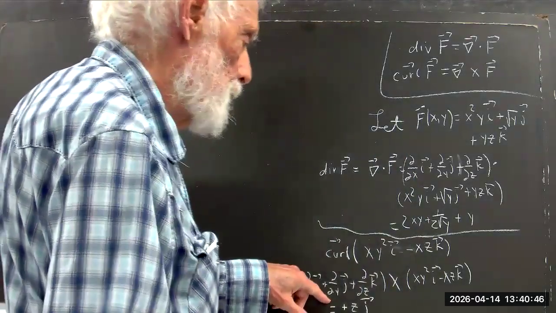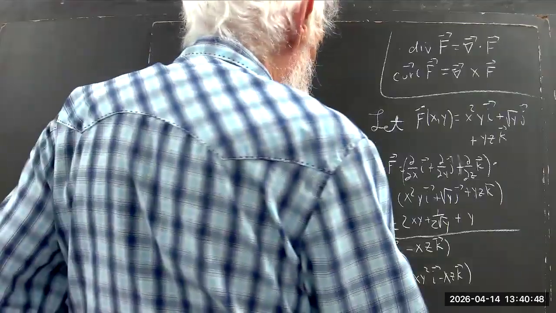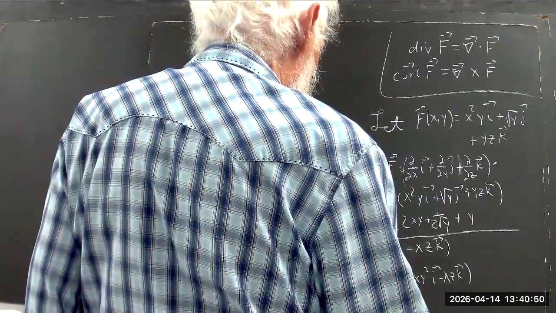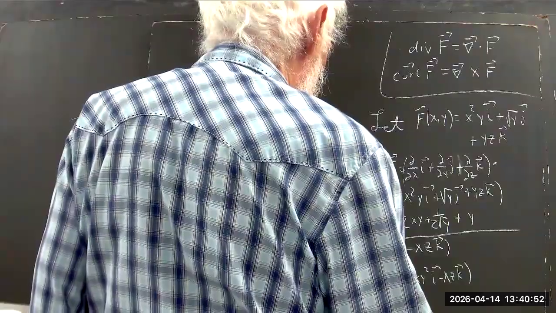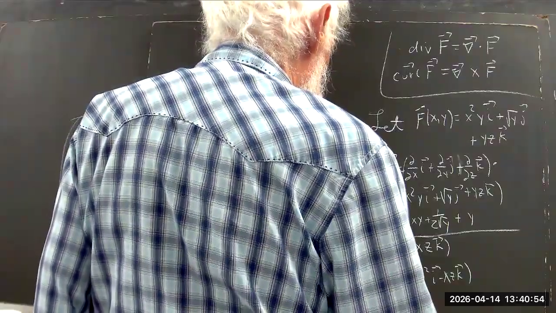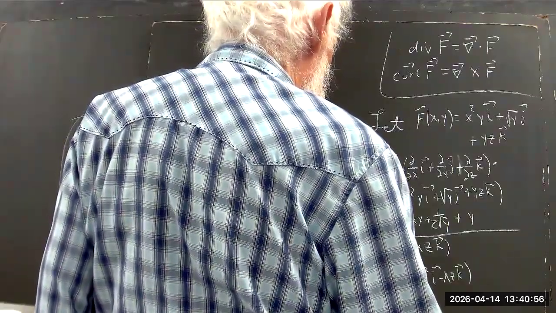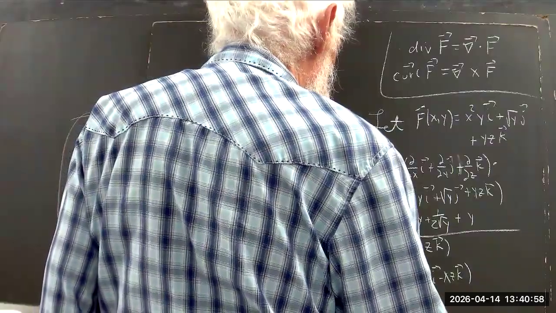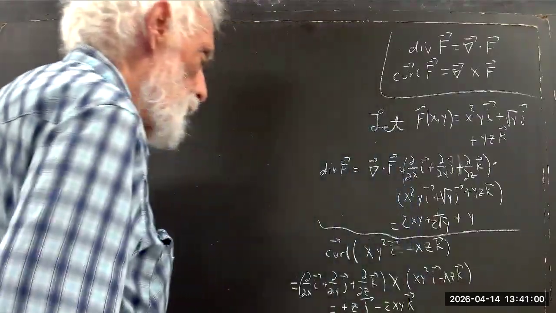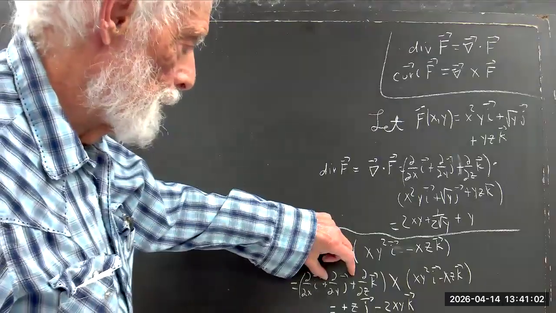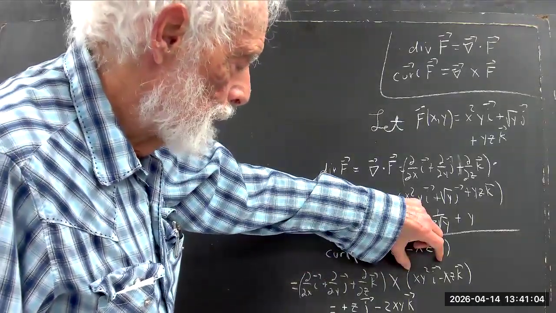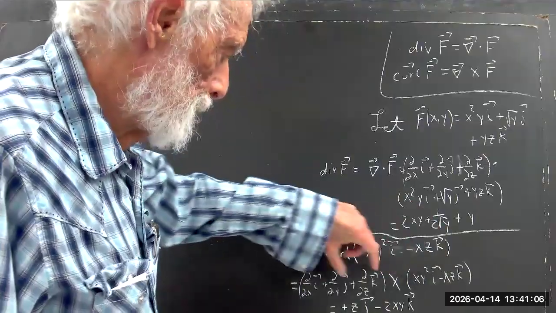And the partial with respect to y of xy squared is 2xy. So we get a negative 2xy k when we do partial with respect to y j crossed with xy squared i.